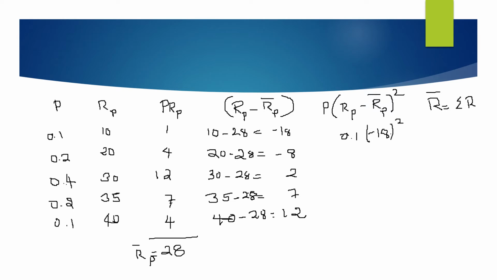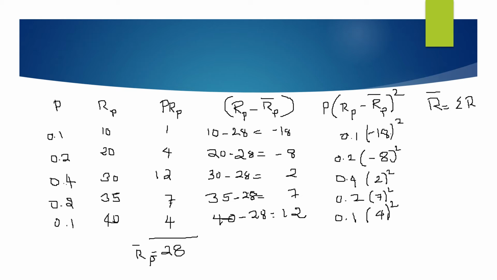Same way again, probability 0.2 into minus 8 the whole square. Likewise you have to do it for the other values.